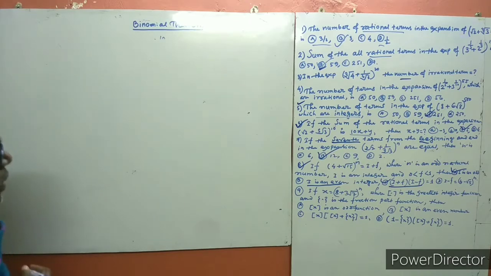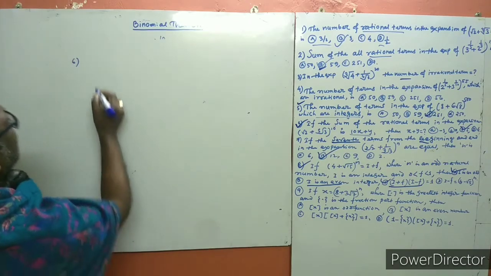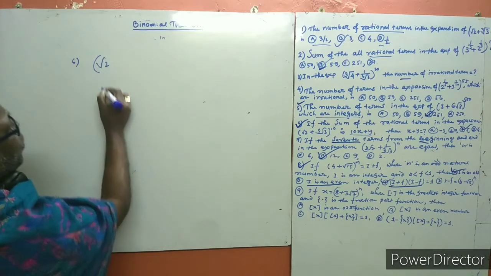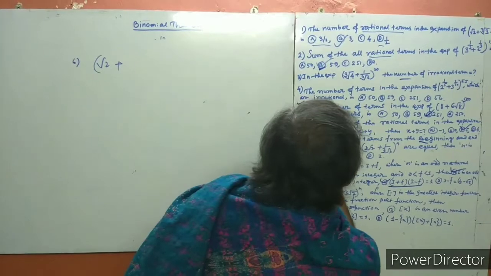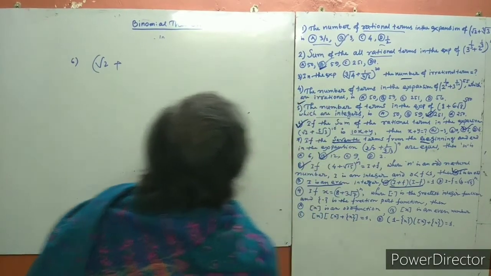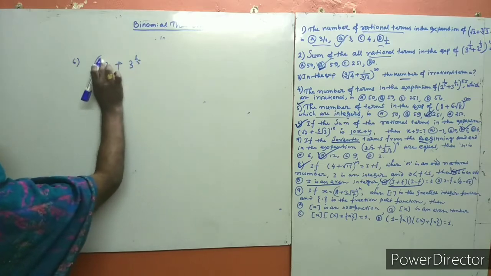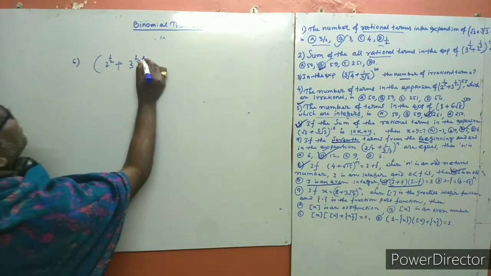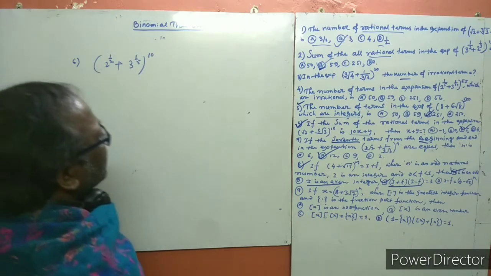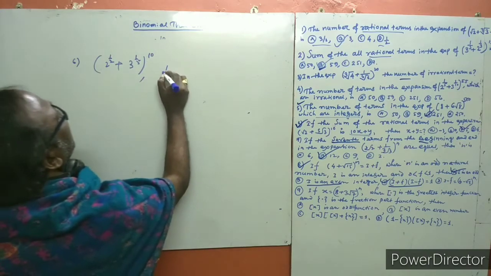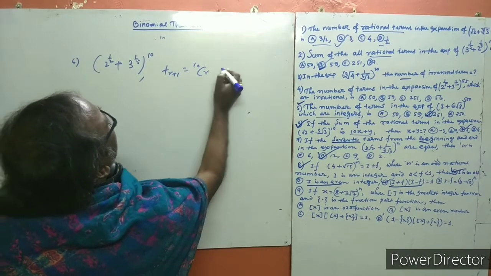Okay, now question 6: that is (root 2 plus 3 to the power 1 by 5), where 2 is to the power half and 3 is to the power 1 by 5, and this whole to the power 10. Now let us find the general term.